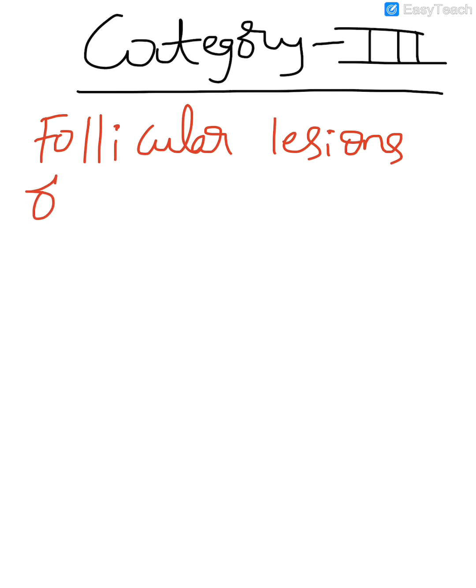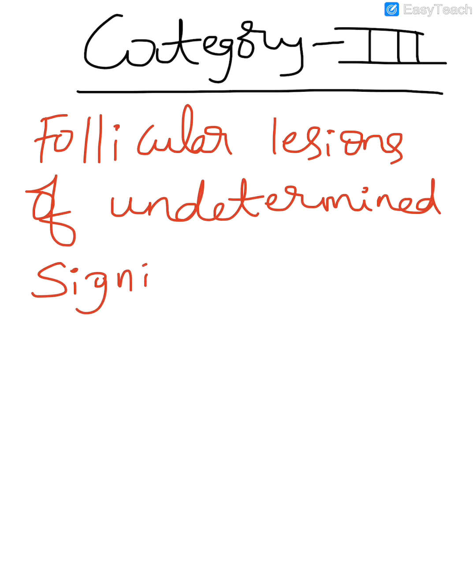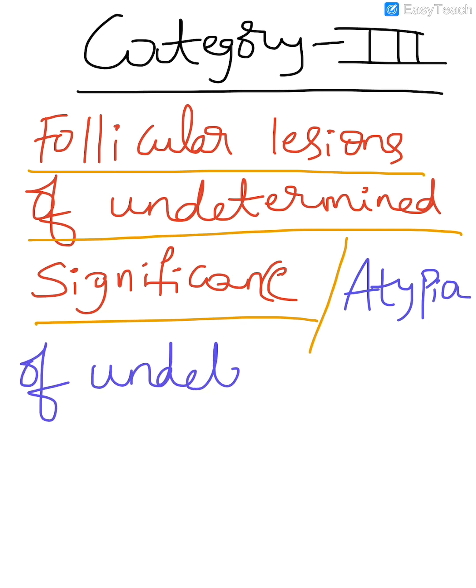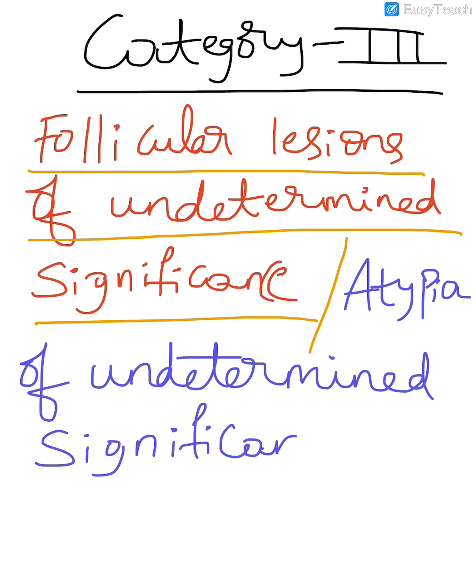Category 3 includes follicular lesions of undetermined significance, which is also known as atypia of undetermined significance.